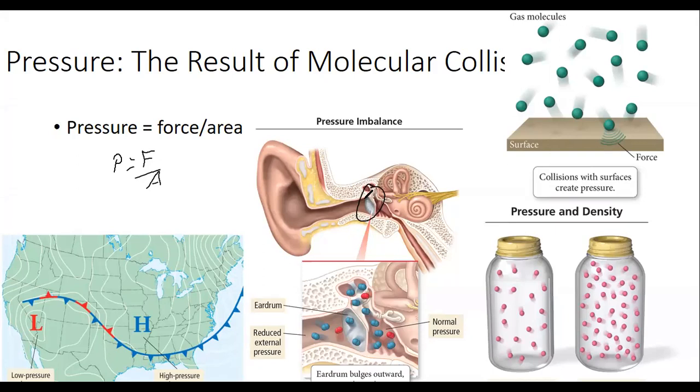So that's basically how talking works: your eardrums get hit by pressure, and depending on the pressure, you know what kind of sound it is. Of course, we can have pain that goes with that.